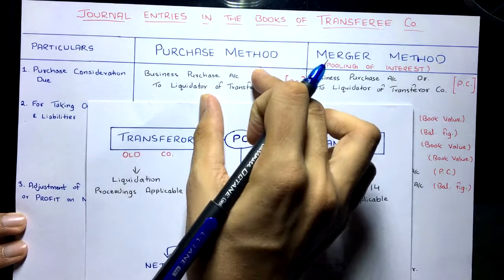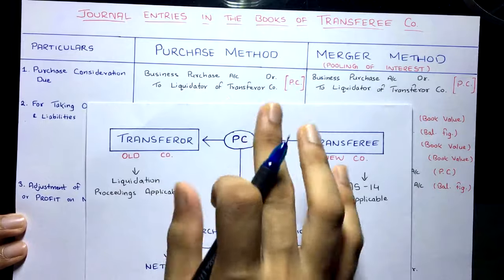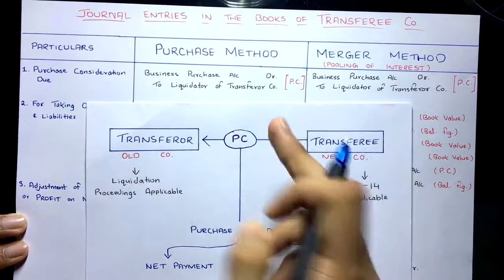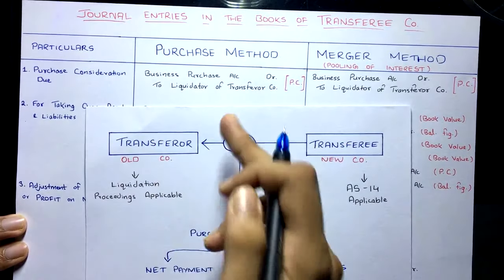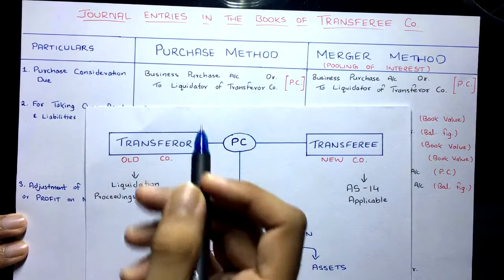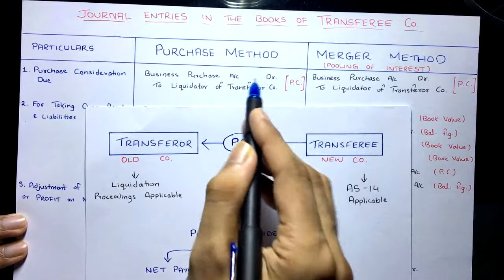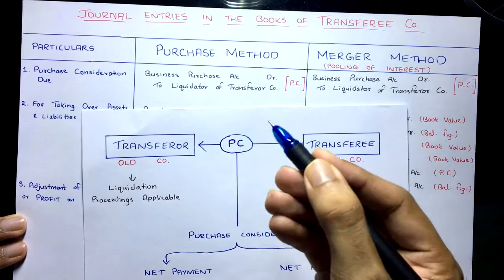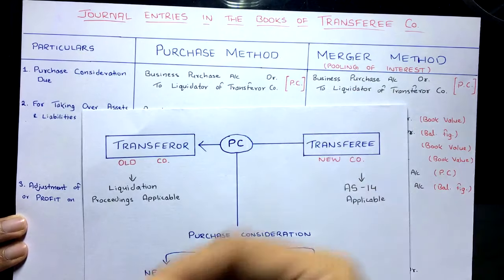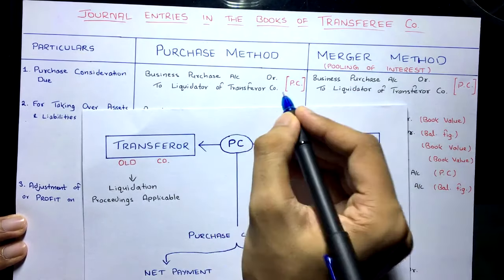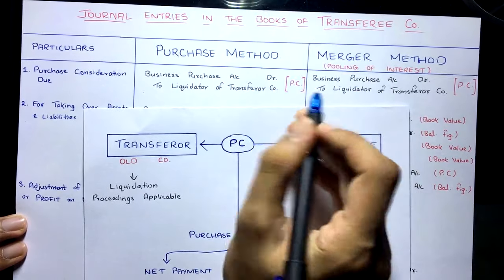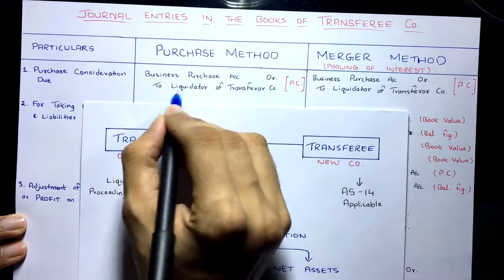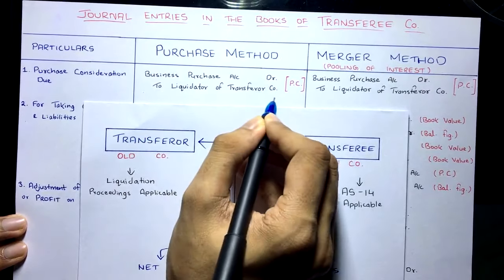But in this entry we are not making the payment. Here we are just making the PC due. We have to pay purchase consideration to the liquidator of transferor company. So the entry is very simple: business purchase account debit, to liquidator of transferor company. We, as a transferee company, have to pay the liquidator, so our liability is increasing, and you know, if liability increases, you have to credit this personal account, liquidator of transferor company.